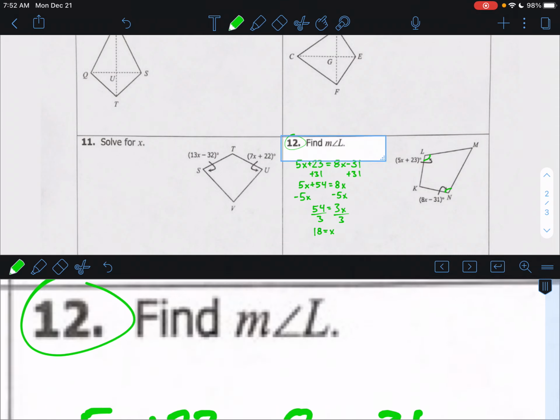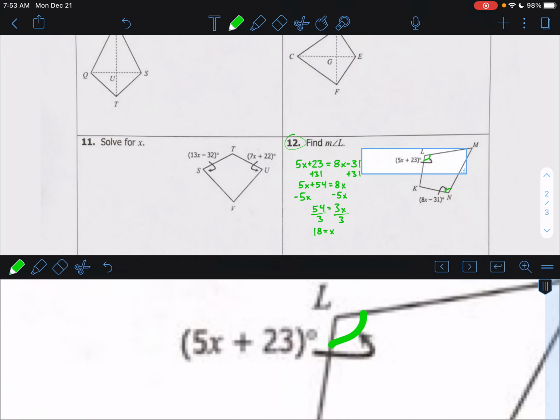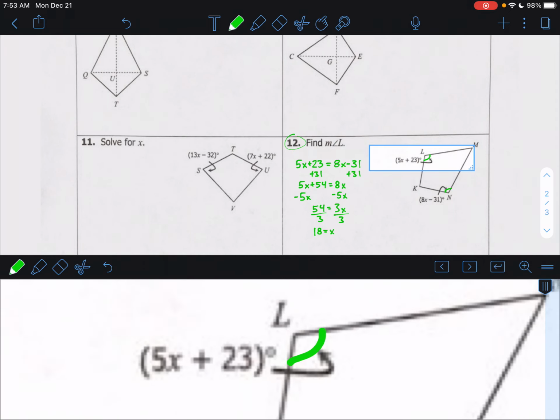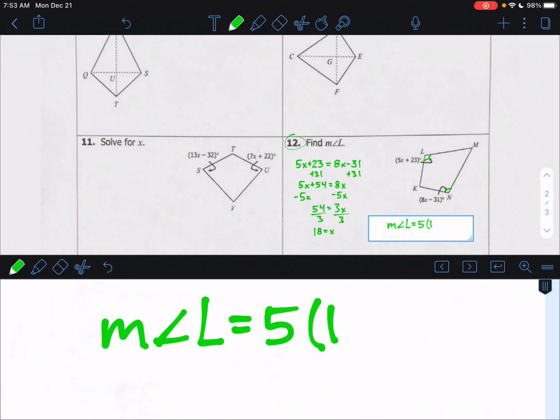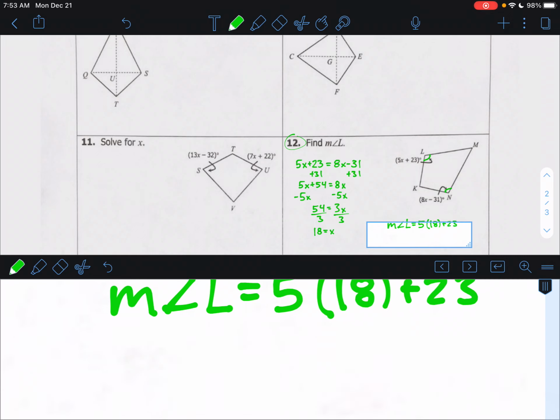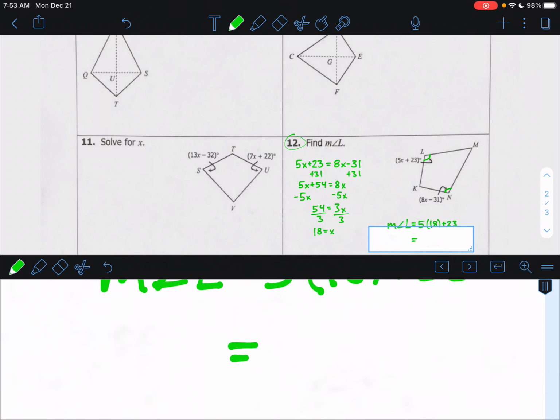It asked me to find the measure of angle M, or the measure of angle L. So L is this 5x plus 23. So I'm going to take that x and plug it in. So 5 times 18 plus 23. 5 times 18 is 90, plus 23 is 113. So the measure of angle L is 113 degrees.